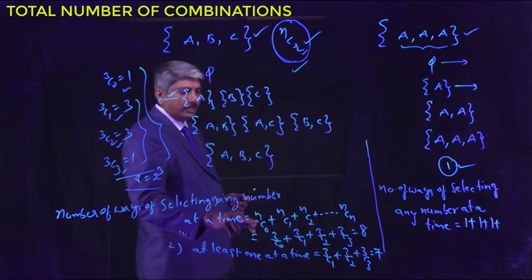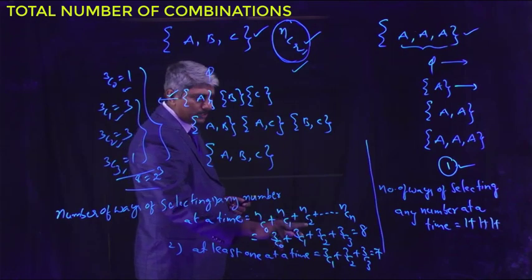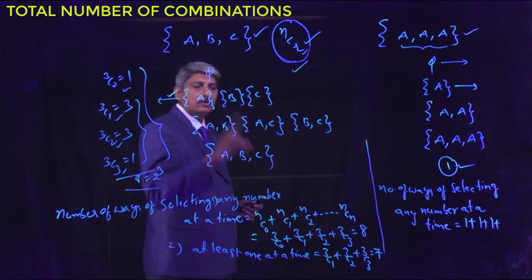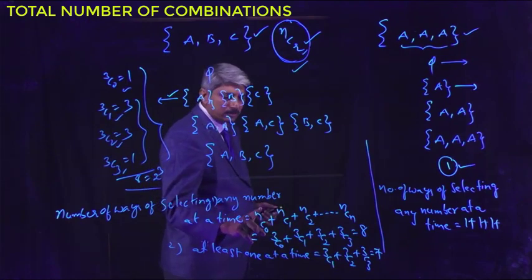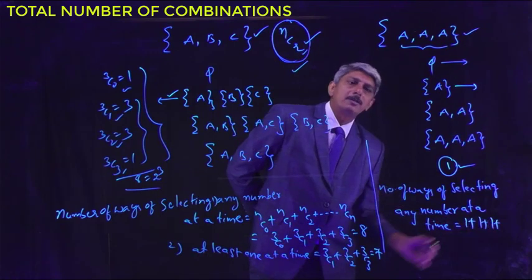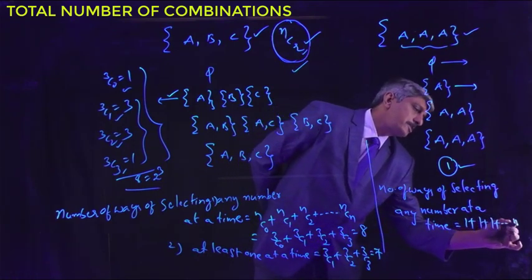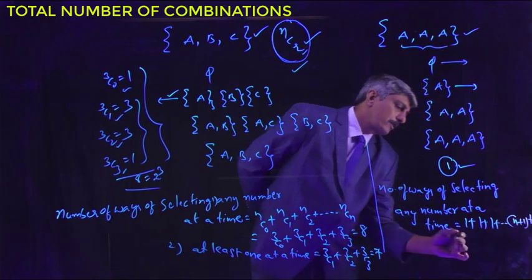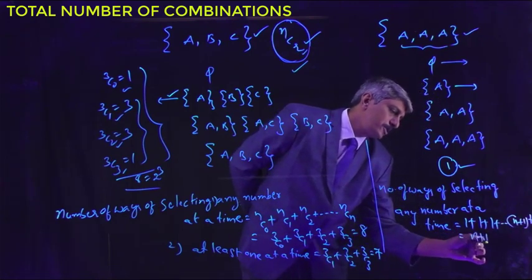Therefore, here we write NC0, NC1, NC2 and so on, NCn, but all these values are equal to 1. So how many terms? There are n plus 1 terms here. 1 plus 1 plus and so on. How many times? N plus 1 times. Therefore, this is equal to n plus 1.